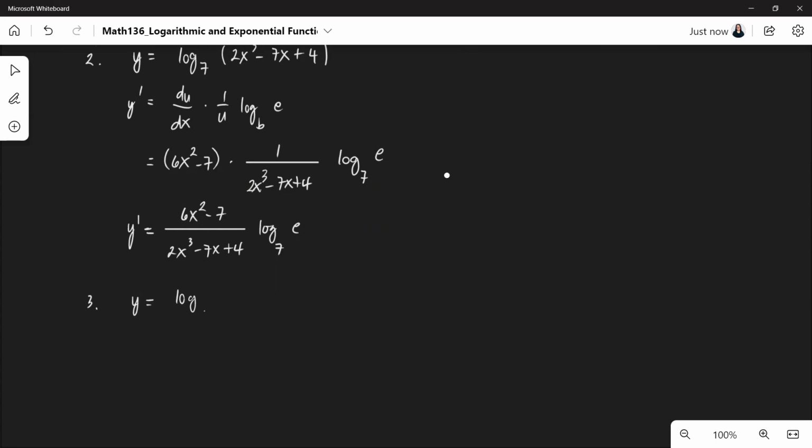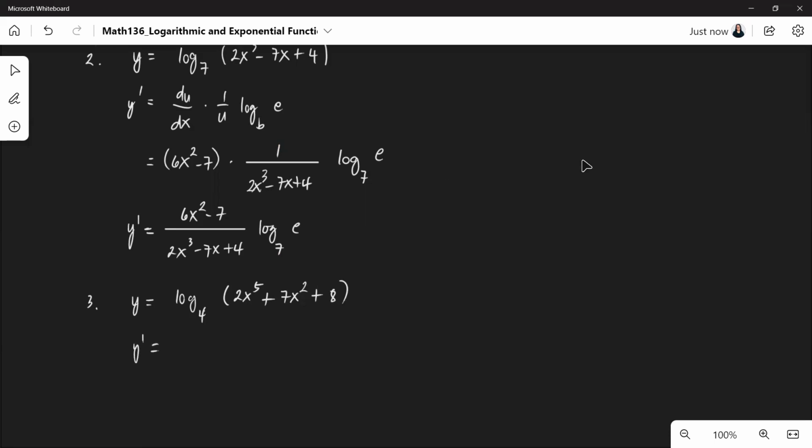So say log to the base 4 of 2x raised to 5 plus 7x squared plus 8.